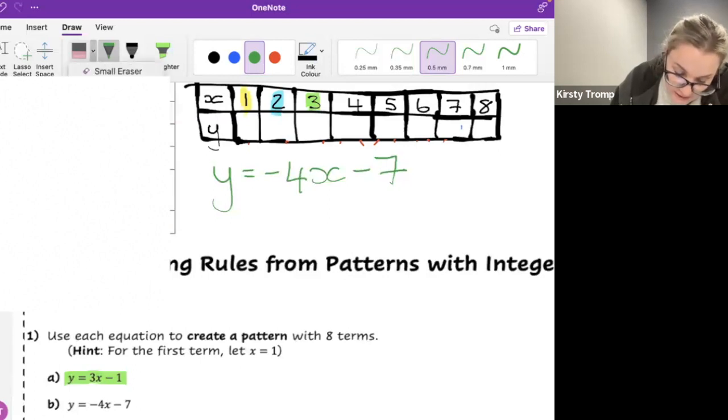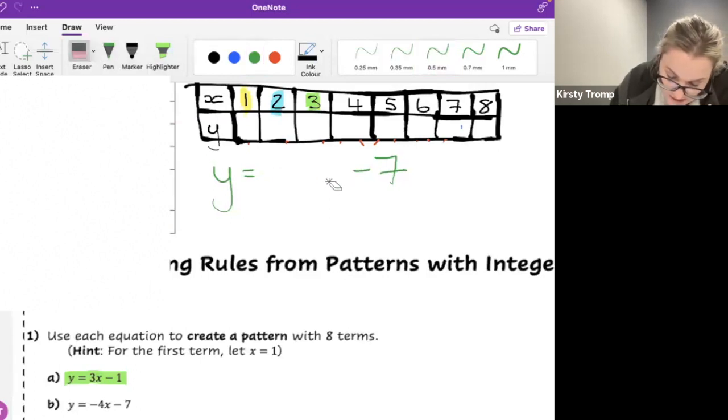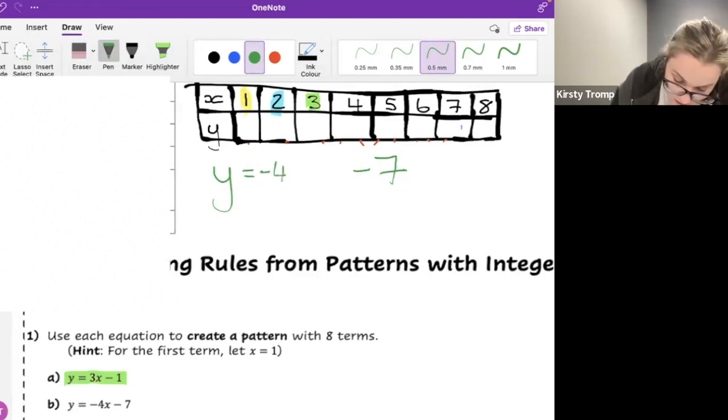Remember, what's happening here is I'm actually saying that y is equal to negative 4 times by x minus 7. So when it says negative 4x minus 7, it actually means y is equal to negative 4 times by x minus 7. For my first one, I'm going to say y is equal to negative 4 times by 1 minus 7.